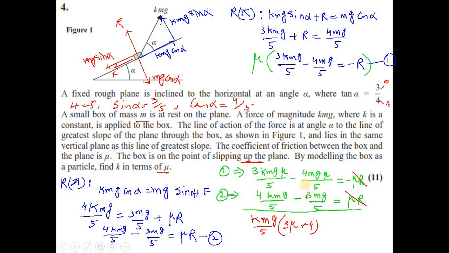And then here you can take minus mg upon 5 common, and inside the bracket you have 4 mu plus 3, equal to 0.